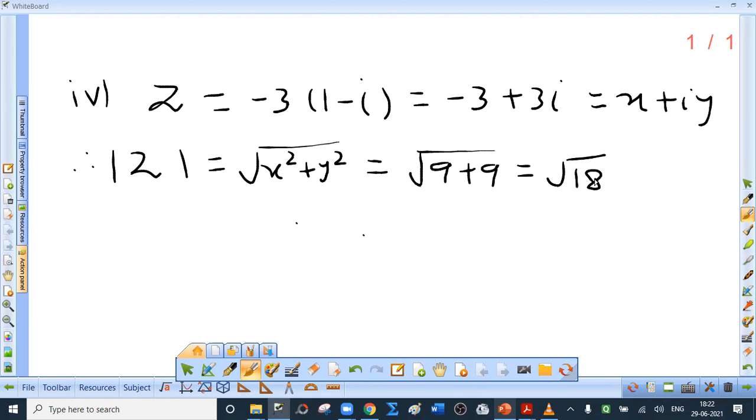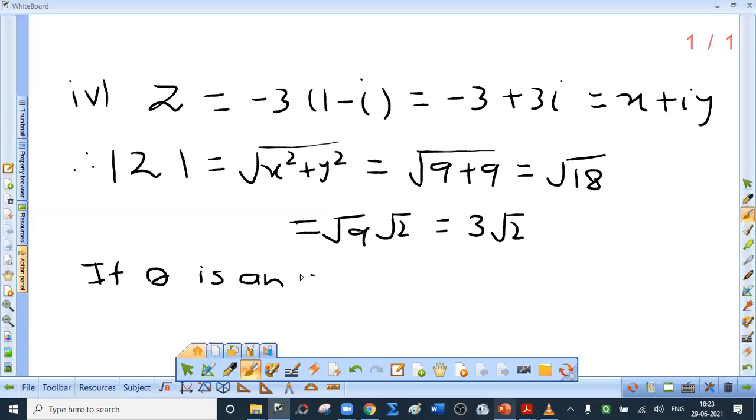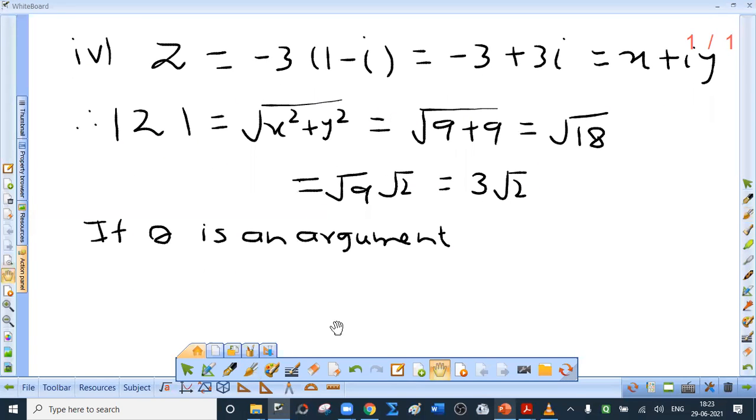Now will you keep root 18 as it is? It is basically root 9 root 2. So 3 root 2 is nothing but the modulus of the complex number. Now, if theta is an argument, write down: what is sine theta? Or you can directly write tan theta.